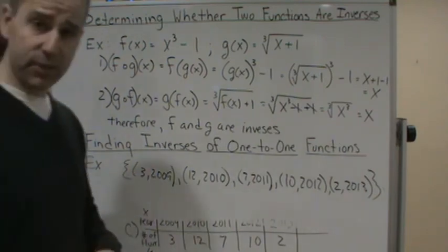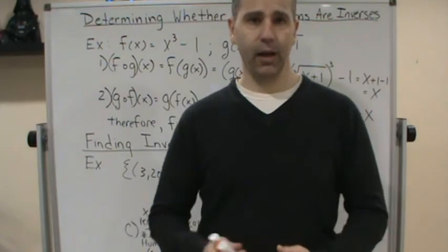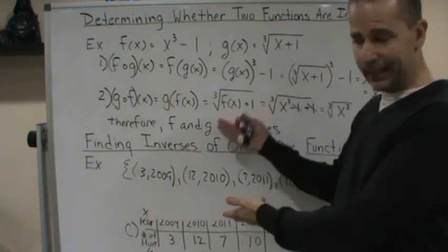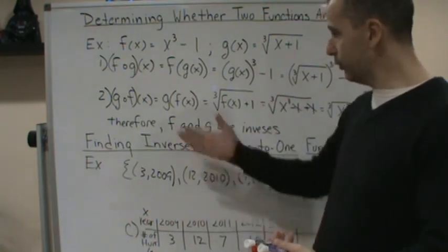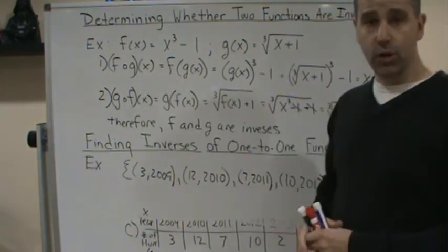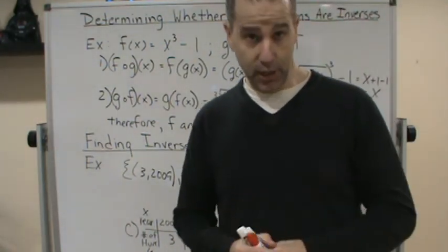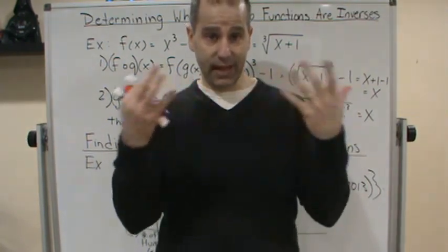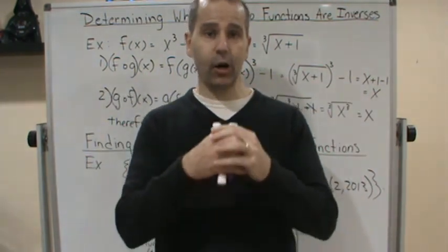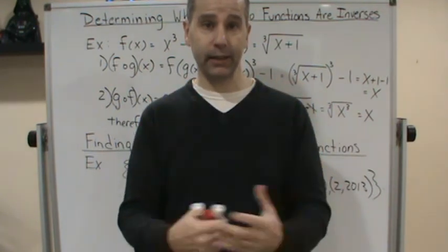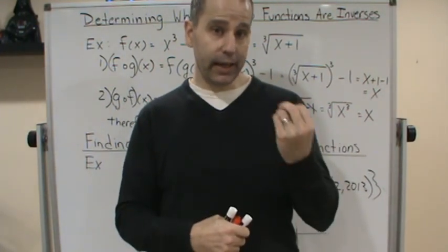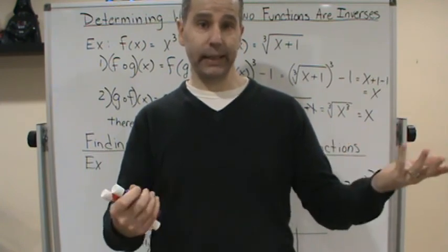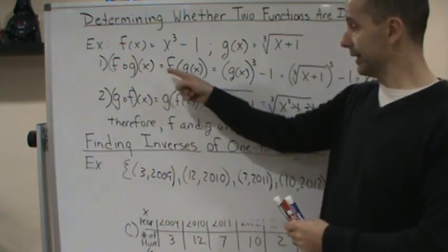Now, in the next video, here's the thing. I'm not always going to give you stuff like this, and you're not always going to have things like this to work with. I'm going to give you a function that's an algebraic expression, and so how do we find an inverse function for a one-to-one function that's written in algebraic form like this?